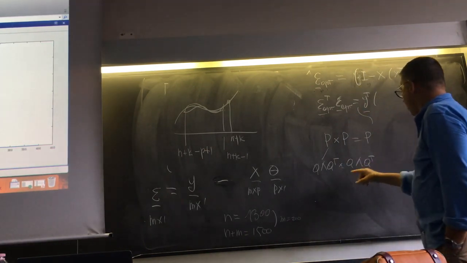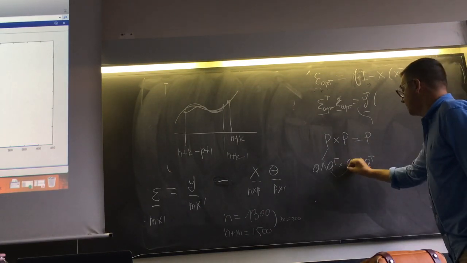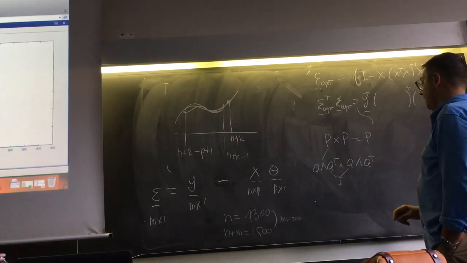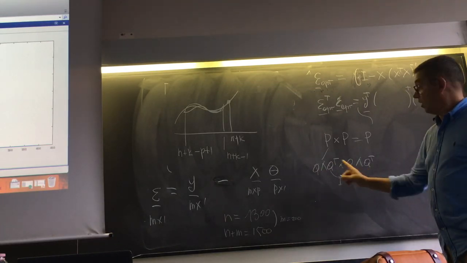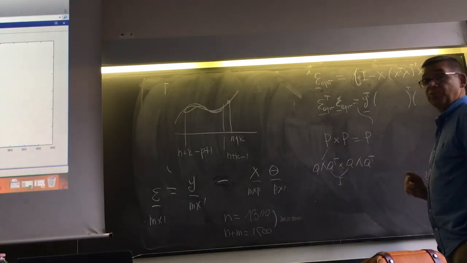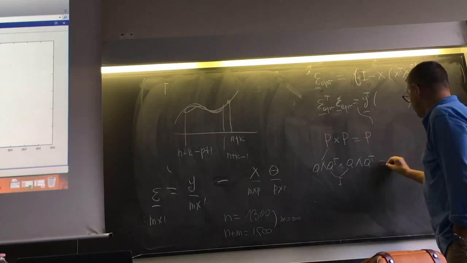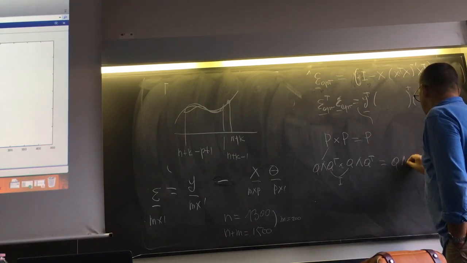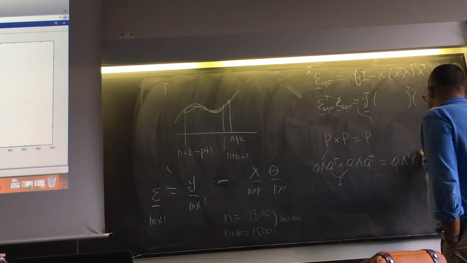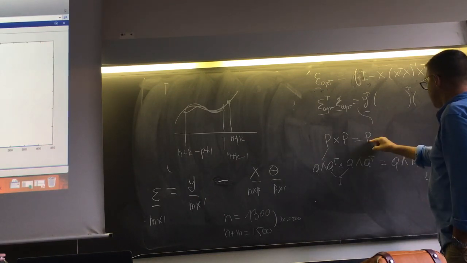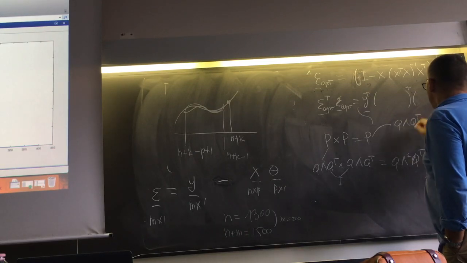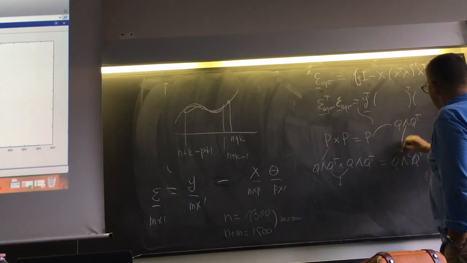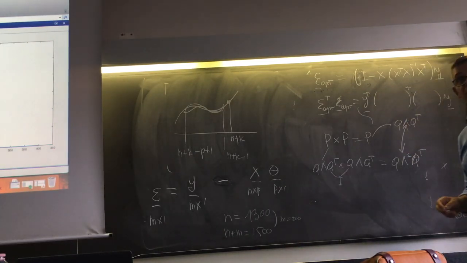Q transpose Q is the identity, so I have lambda squared, so I have Q lambda squared Q transpose. But this one here is Q lambda Q transpose. So what happens is that lambda is equal to lambda squared.